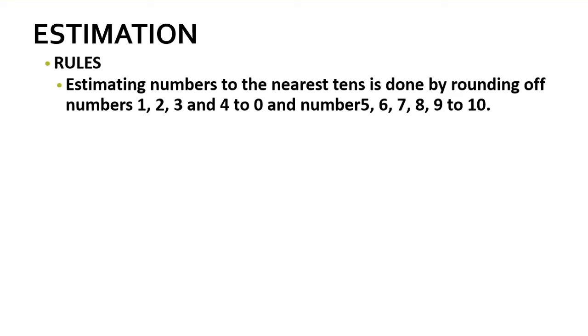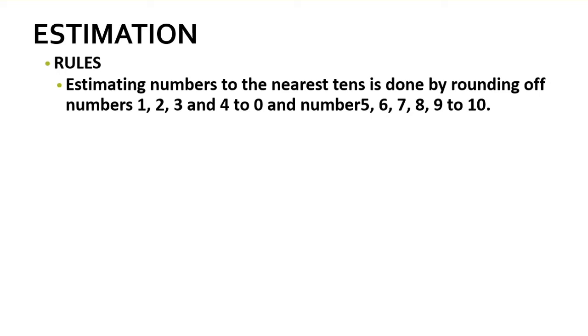The first rule: if we are rounding off a number to the nearest tens, we have only one zero in 10, so we have to see only one digit from the right end, and check whether that number is above 5 or equal to 5, or it is less than 5.